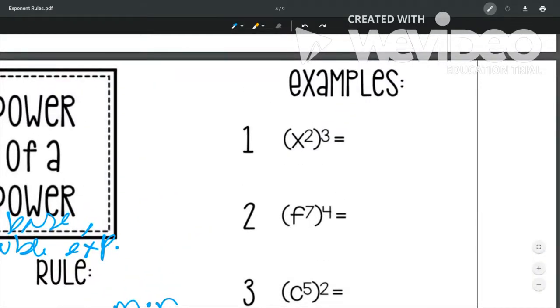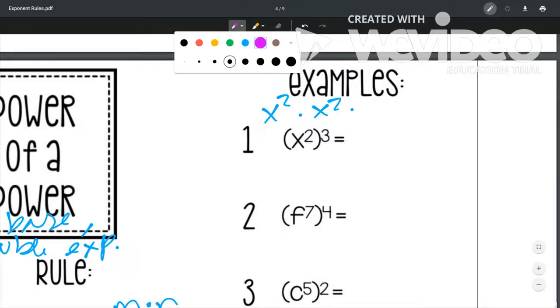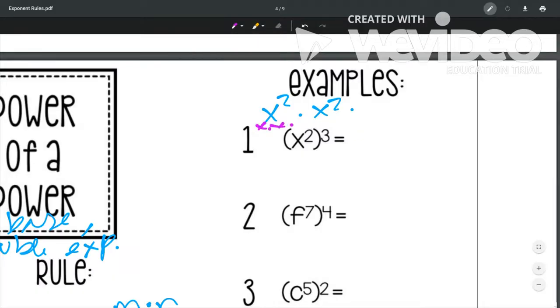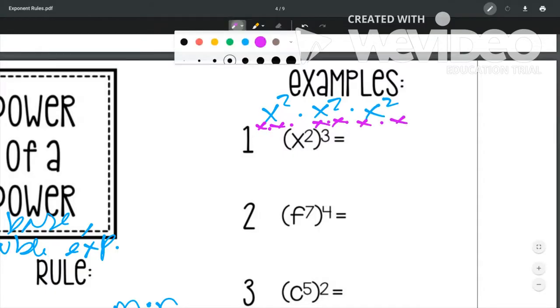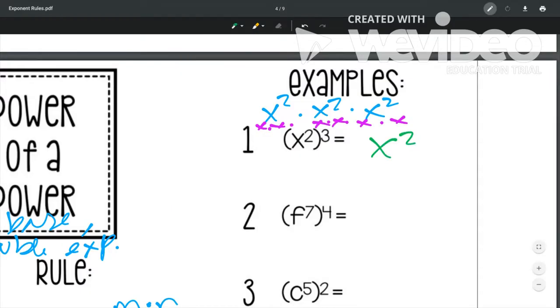So if we were to expand this out, we would do x squared times x squared times x squared. And if we were to still expand that, it'd be x times x times x times x times x times x. And some of us, well, we don't have time for that, y'all. So all we have to do to show our work is 2 times 3, x to the 2 times 3, which is really just x to the 6th.